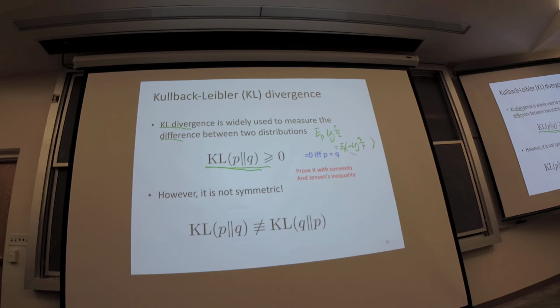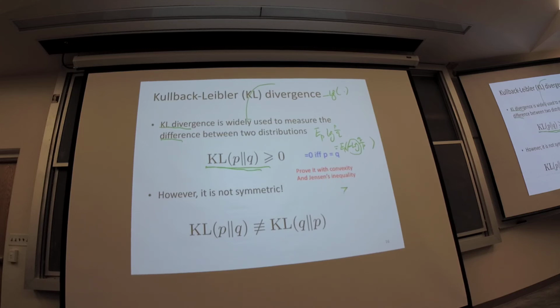So remember, minus logarithm is convex. Because logarithm is like this, right? It's concave. If you take minus of the logarithm, it's convex. And now you can use Jensen's inequality, so you switch the expectation and the function operator, you get a lower bound.